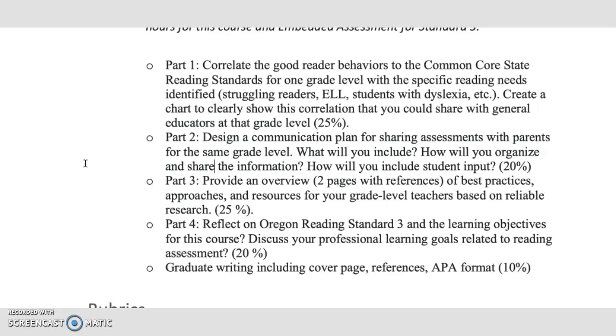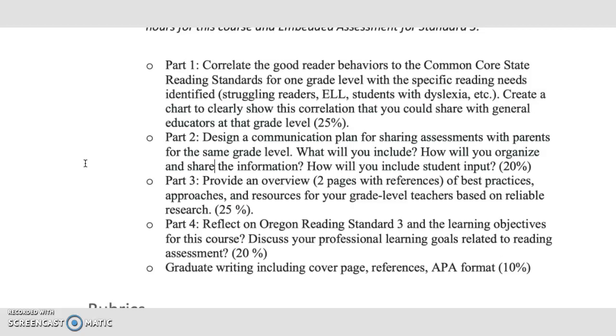So again, you're getting to select what standard you really want to focus in on at what grade level, with a vision towards and an intentionality towards the specific reading needs identified. So whether these are struggling readers, second language learners, students with dyslexia, or a combination, obviously. And then create a chart that clearly shows this correlation that you would share with other educators at that grade level. This will be clearly explained and broken down as we get there, but just, here's where we're going.